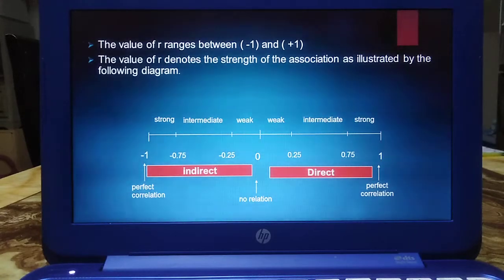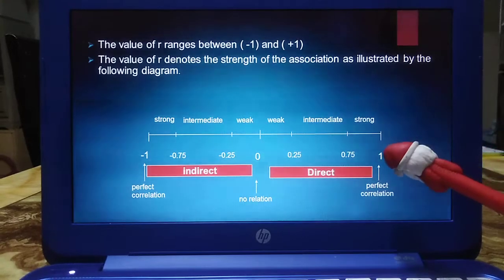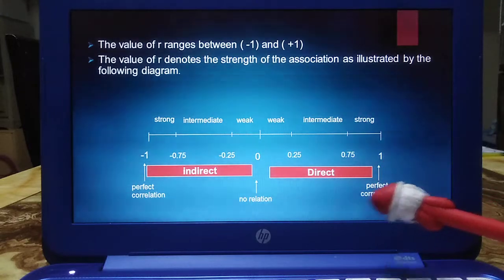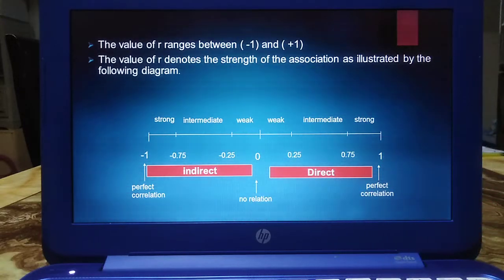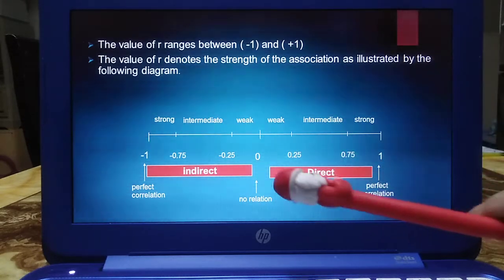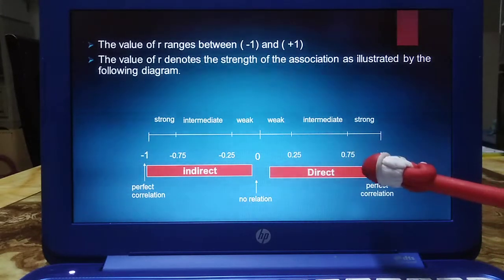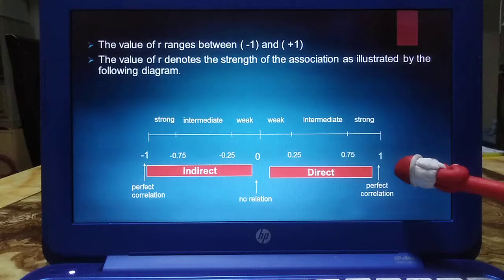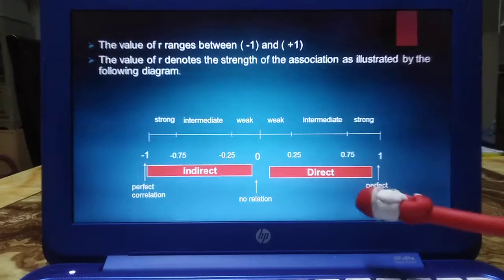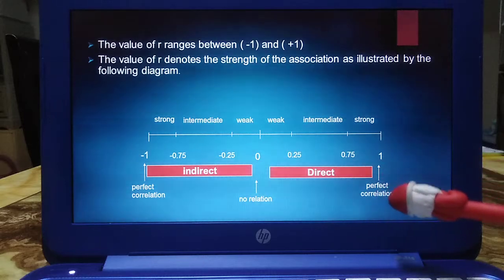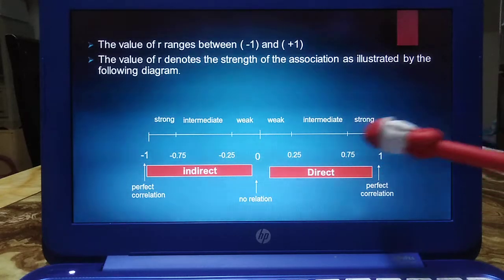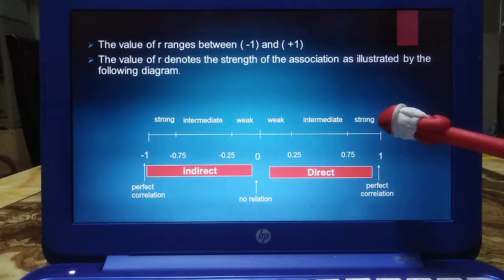If we have +1, we have a perfect correlation, and if we have -1, we also have a perfect indirect correlation. If it is positive, we know that it is a direct relationship. If it is negative, we know that it is an indirect relationship, which means that if one goes up, the other goes down.